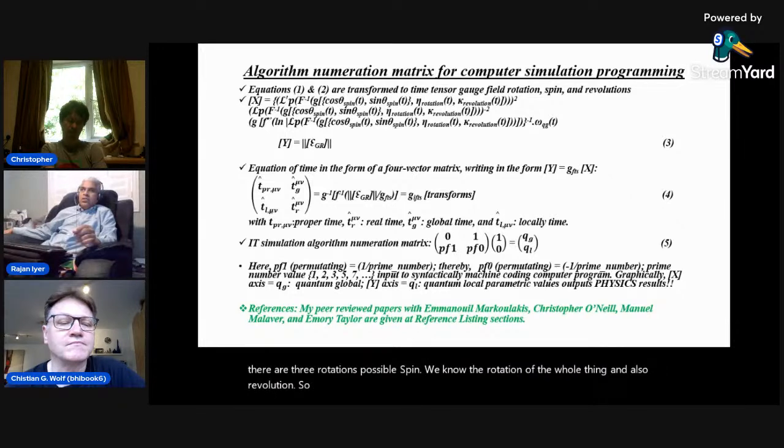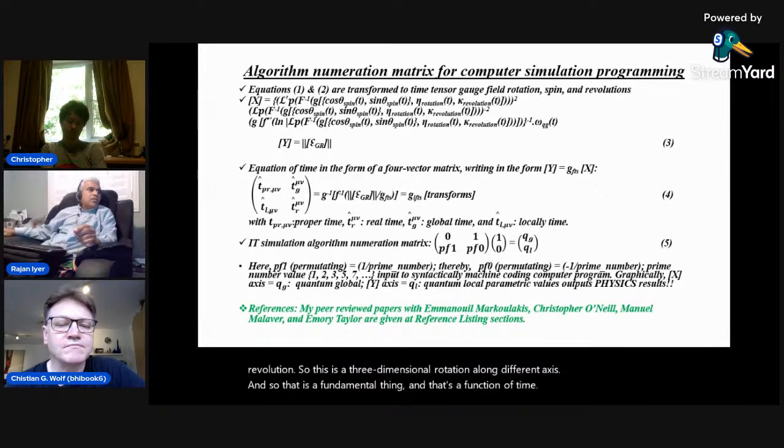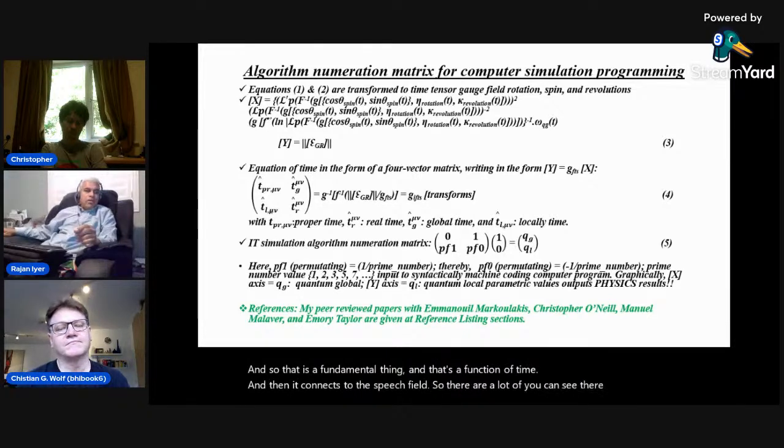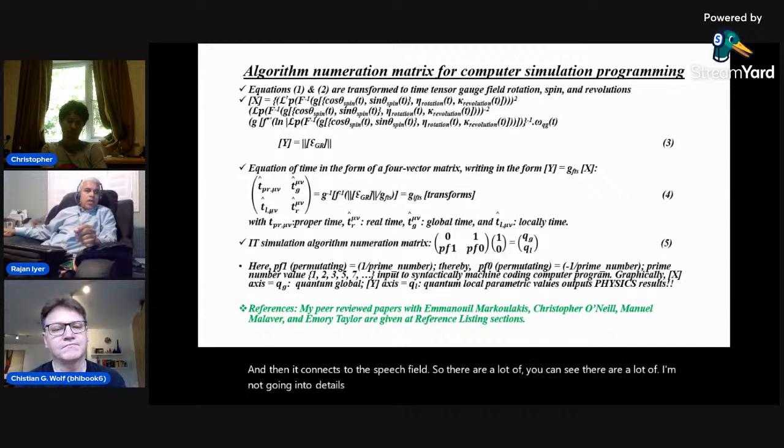So this is a three-dimensional rotation along different axes, and that's a function of time, and then it connects to the space field. I'm not going into details here because that's a huge thing by itself.